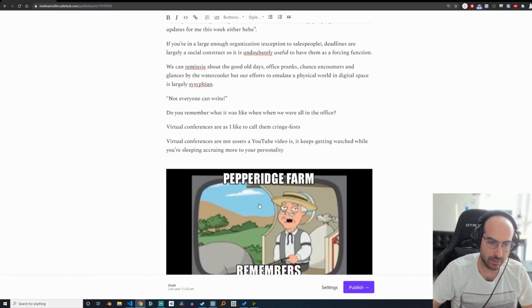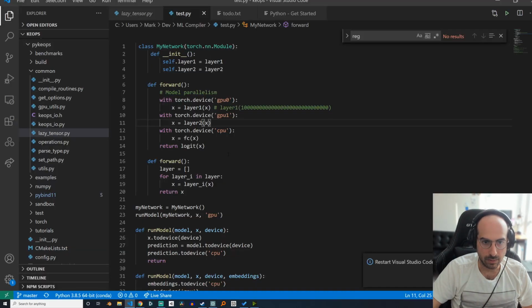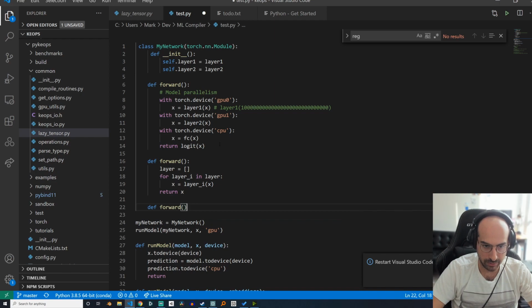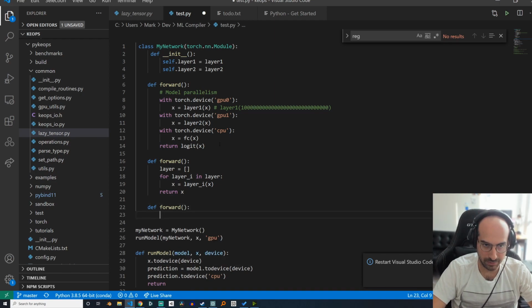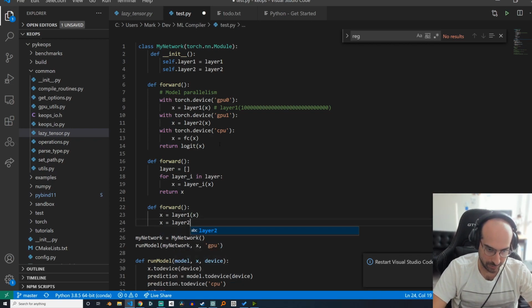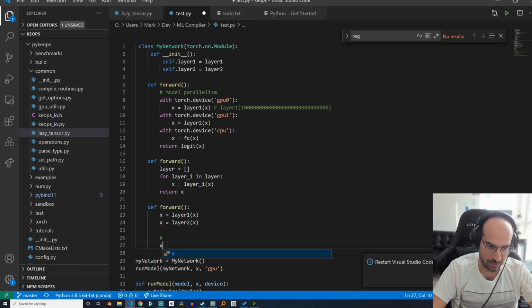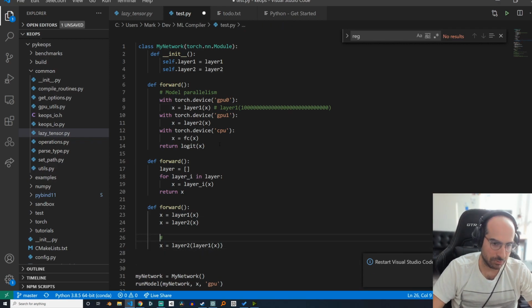Again, let's say back here, this is a pretty cool example at this point. Let's say you had x equals layer 1 of x, and then x equals layer 2 of x. Well, you can rewrite this as x equals layer 2 of layer 1 of x, right? So you're basically doing function composition.